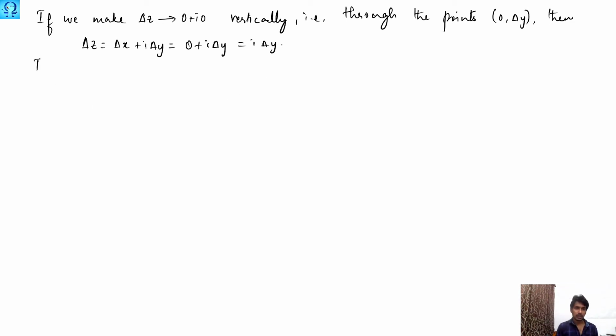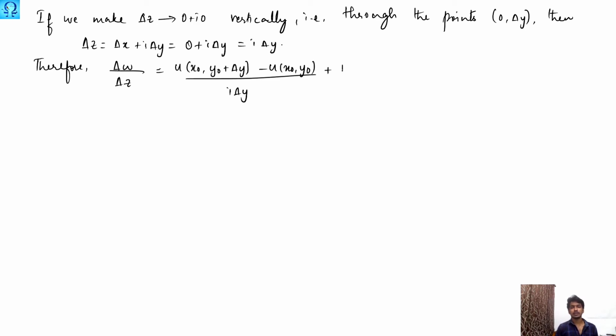Therefore our delta w upon delta z shall be written as u of, here delta x is 0, right? So it is x naught comma y naught plus delta y minus u of x naught y naught upon iota times delta y, plus iota times v of x naught comma y naught plus delta y minus u of x naught y naught upon iota times delta y.